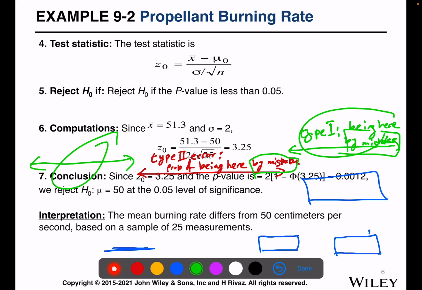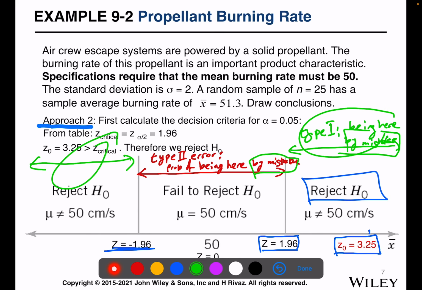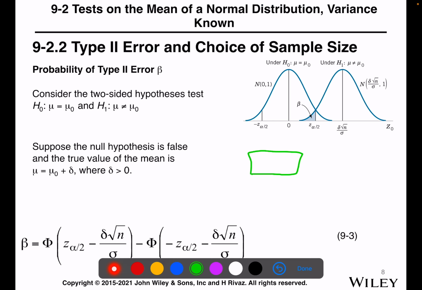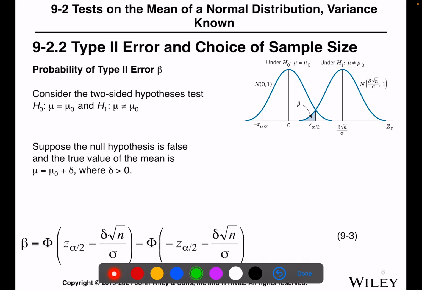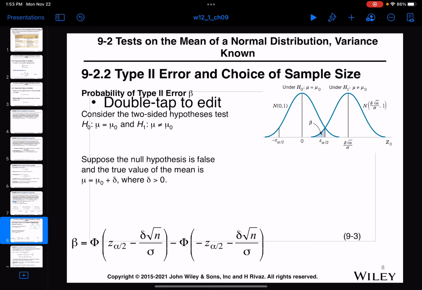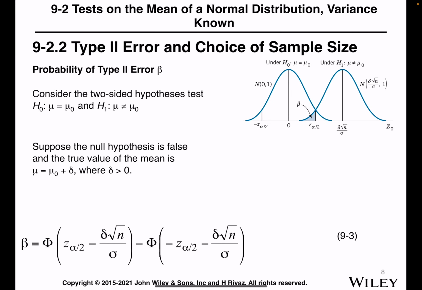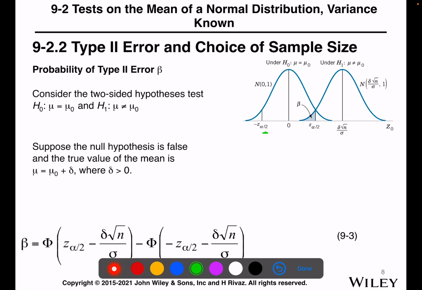Okay, so now what we want to compute is the probability of being here by mistake. What is that?